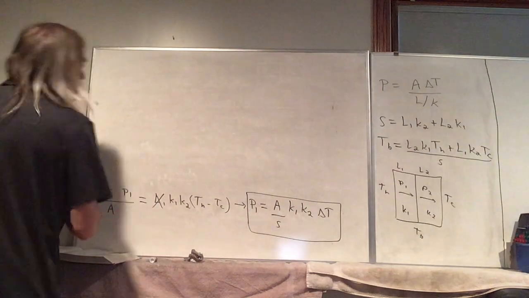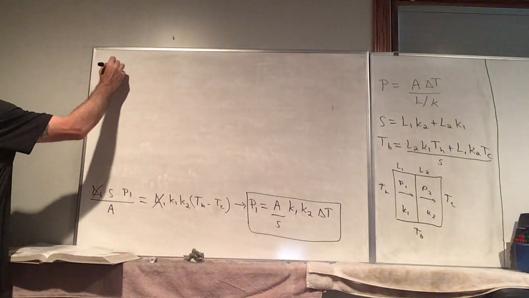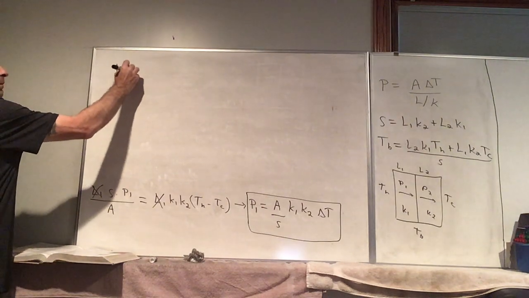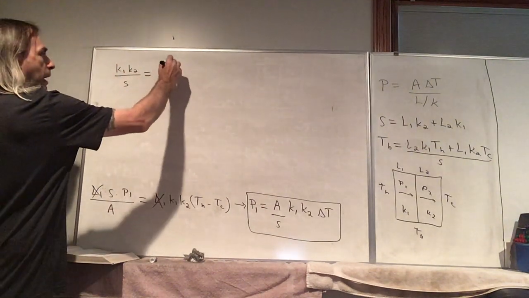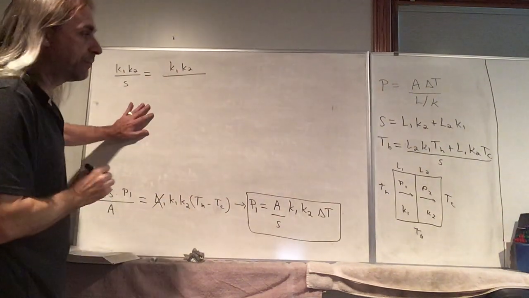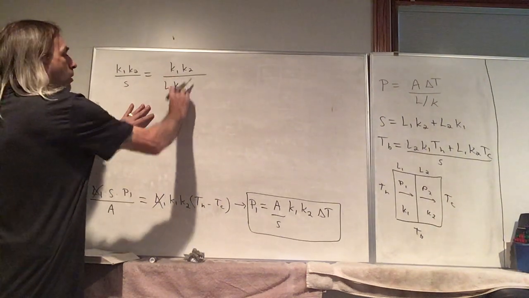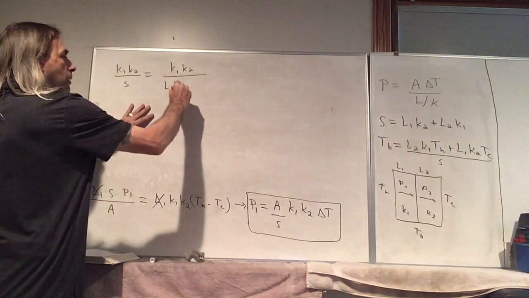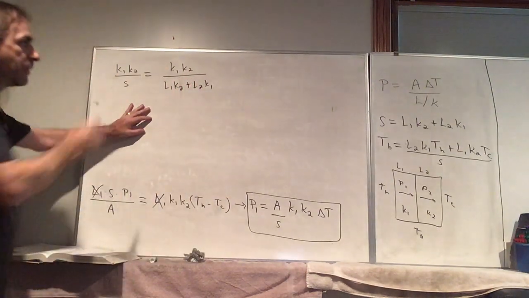Okay, so let's just look at K1, K2 over S. That would be K1, K2 divided by L1, K2, sorry, plus L2, K1.